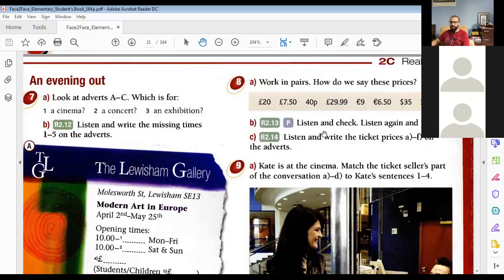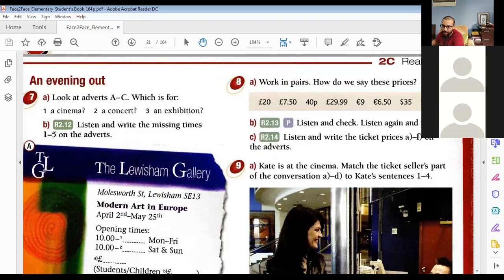We say it in the same way, but we also have other currencies, not only pound. We have this one. What's this? Euro, correct. Euro. What's this? Pence. Pence, P, yeah, 40p or 40 pence, correct. And what's this? Cent, yeah.